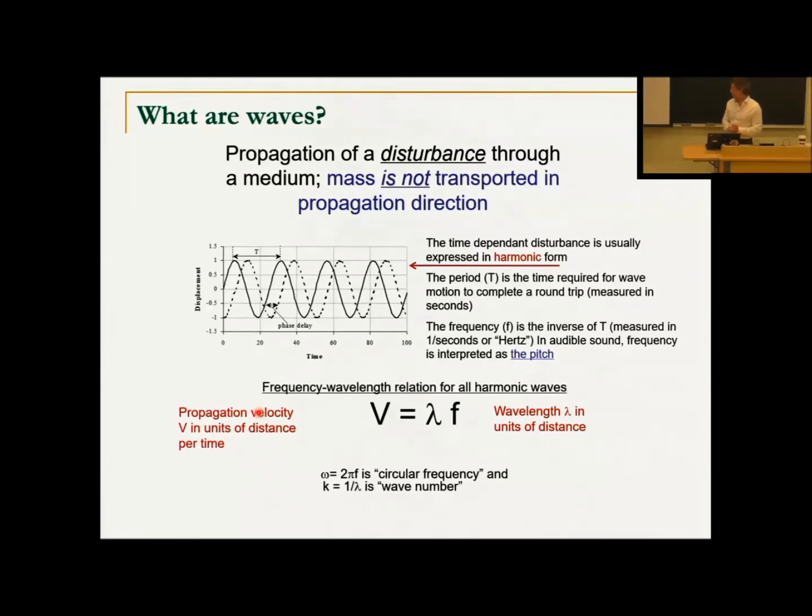So ultrasound is mechanical waves propagating through a material. Now, before I talk about that, I want to give a very basic reminder to everyone about what a wave is. And a wave is the propagation of a disturbance through a material, a mechanical disturbance in this case.